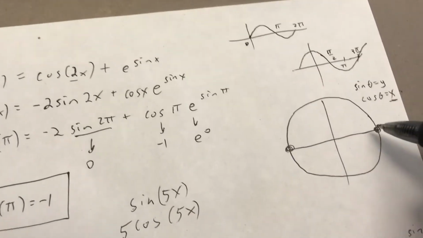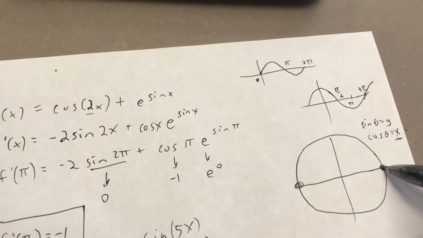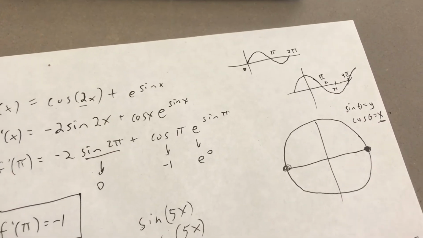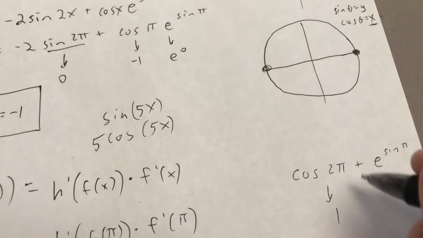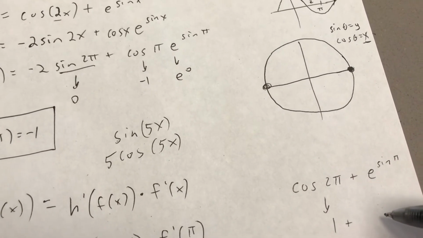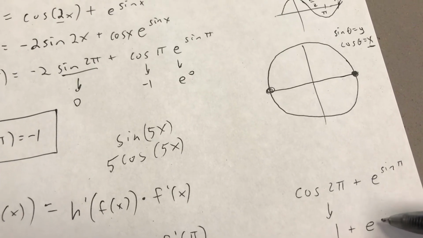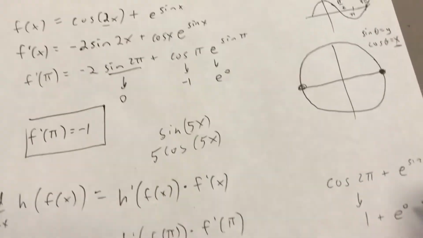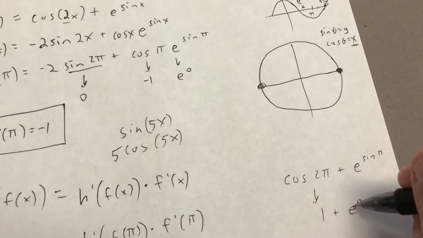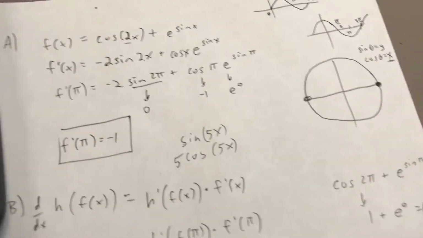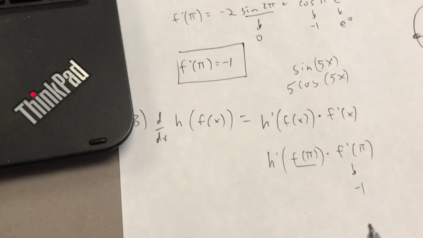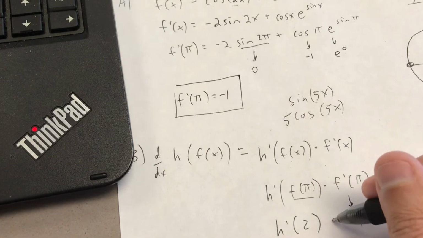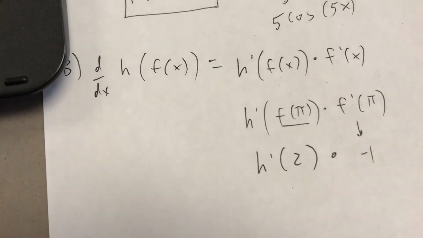Or you could think 2 pi is 360 degrees. You want the x coordinate there for a cosine. That's going to be 1. So it looks like it's going to be 1 plus e to the 0. And e to the 0, of course, is just 1. And so that whole thing is just going to equal 2. All right? So it looks like we're finding h prime of 2 and then multiplying it by -1.